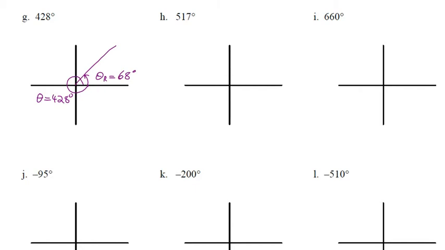Okay, so you can do H and I. Yeah, you can do H and I. So do H and I. Well, I try and figure it out. Okay, so 90, 180, 270, 360, 450. Yeah, so we could put little arrows on the terminal arms, actually, right?